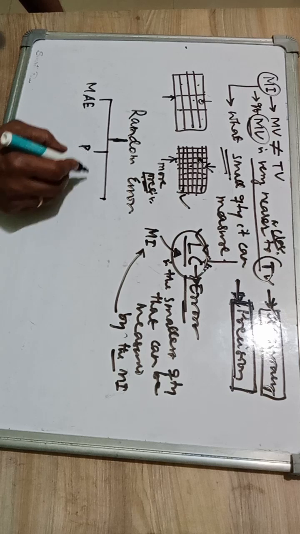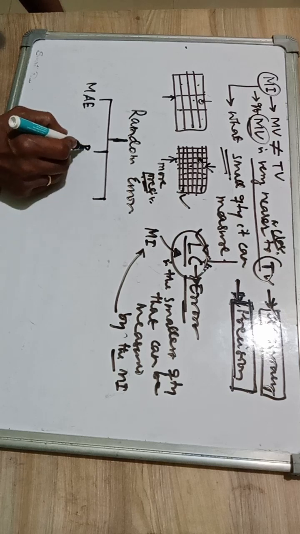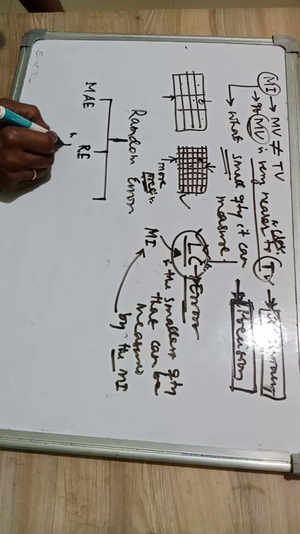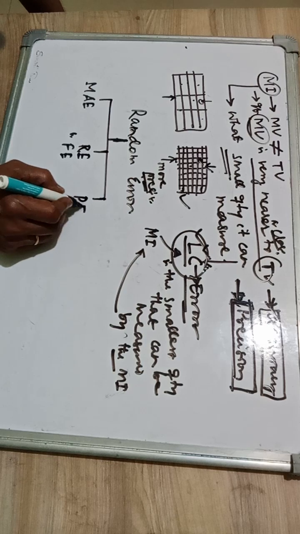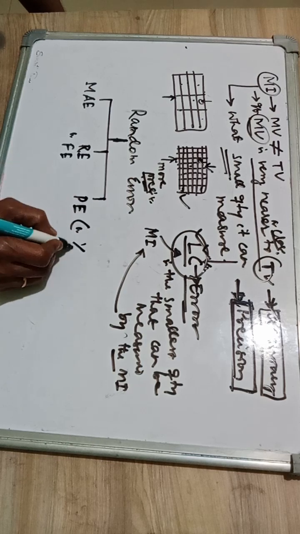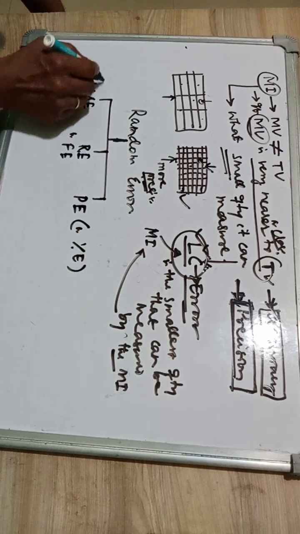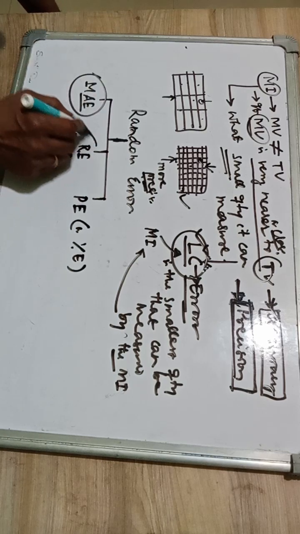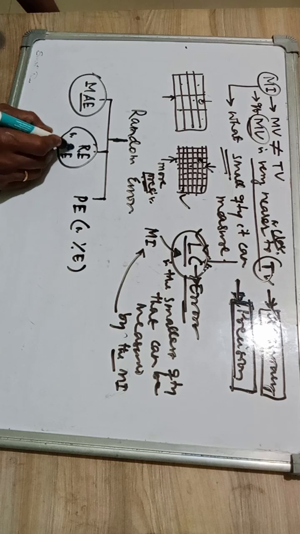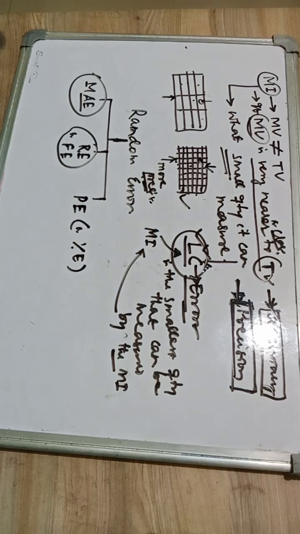Second is relative error, or fractional error. Third is percentage error.